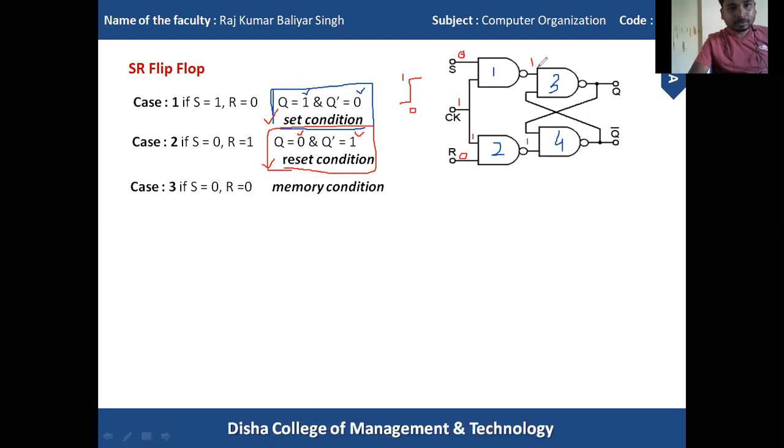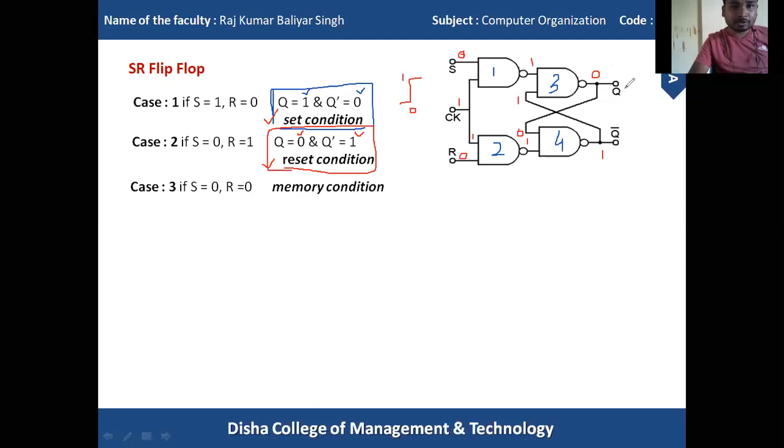Here 1 is supplied to NAND gate 3, which will produce the result 0. When I supply 0 and 1 to a NAND gate, the output should be 1. Clear? Because it is a NAND gate. Don't get confused. This output is fed back here, and 1 and 1 will produce 0 here.